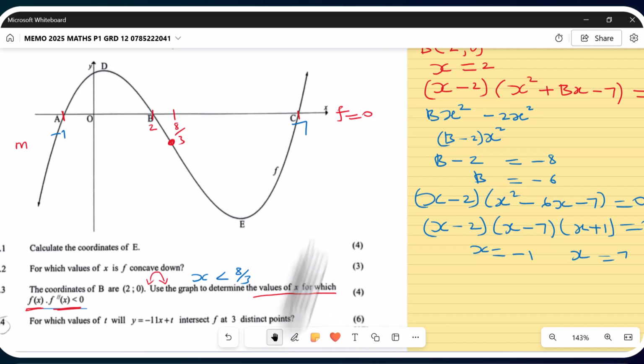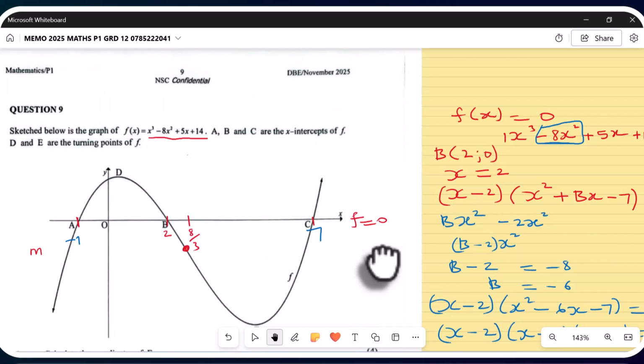What about the second derivative we're talking about now? The second derivative here is given by 6x minus 16. As you can see, it's a straight line, guys, of gradient 6, which is positive, and then the constant of negative 16.